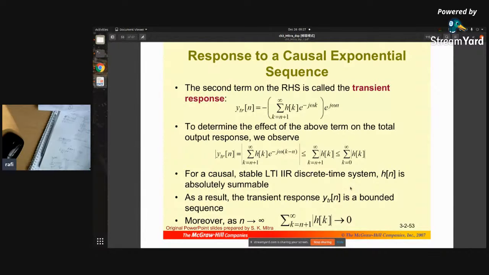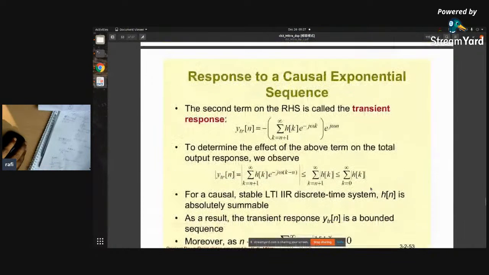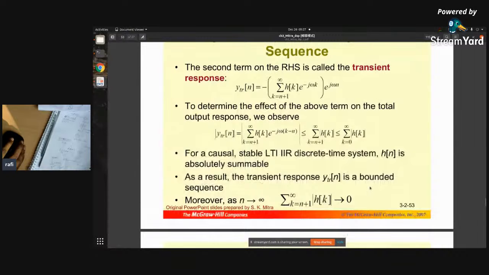Only the steady state response will remain for any signal, for any system. That is what is shown in discrete time also. The transient response will go to 0 because y of n is bounded, because this is always a stable system. For a stable system, the transient response will go to 0.